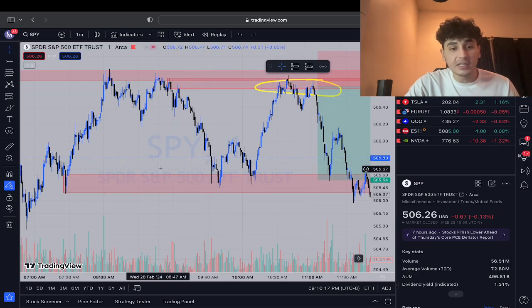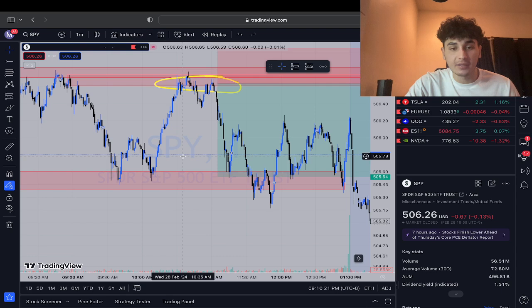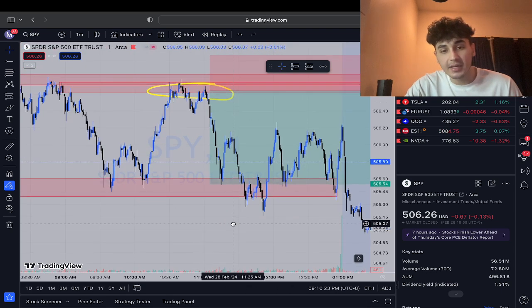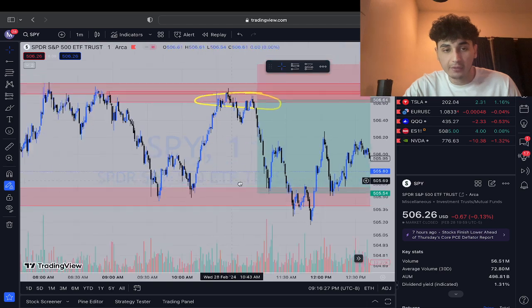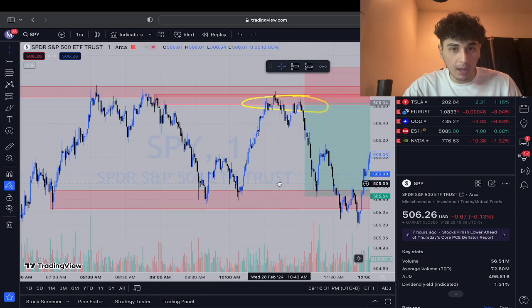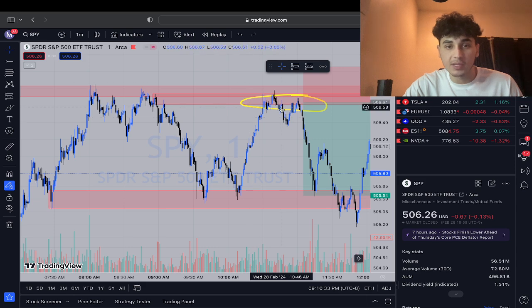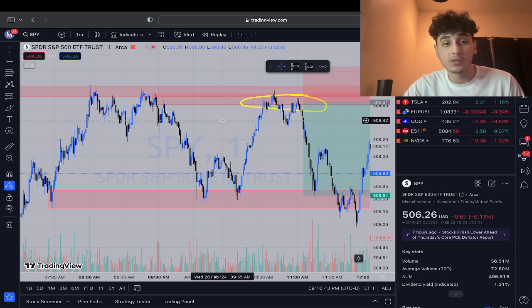And you can see each time it tapped into our demand zone, buyers stepped in, and we each time reversed and bounced off of that demand zone, right? And same thing with the supply zone. Each time we tapped into the supply zone, we reversed, and we reversed significantly from those supply zones.